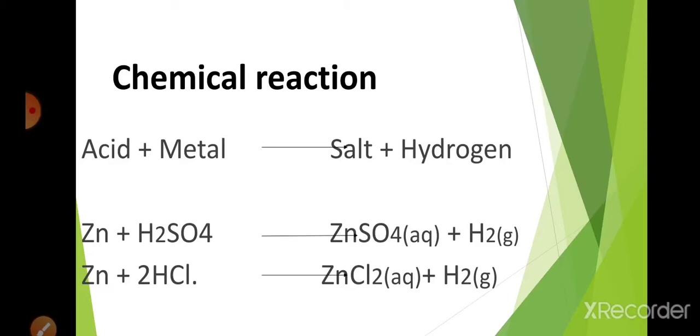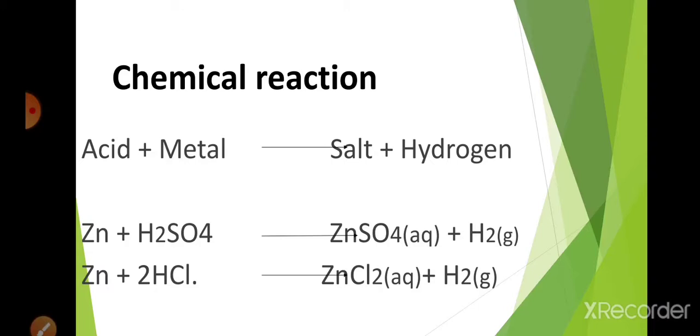So we have given the heading actually. The main heading was the chemical properties of acids and bases. Then the next heading, number 1, reaction of metal with acid, or reaction of acid with metal. And then we drew that diagram, and after that we are writing this chemical reaction.